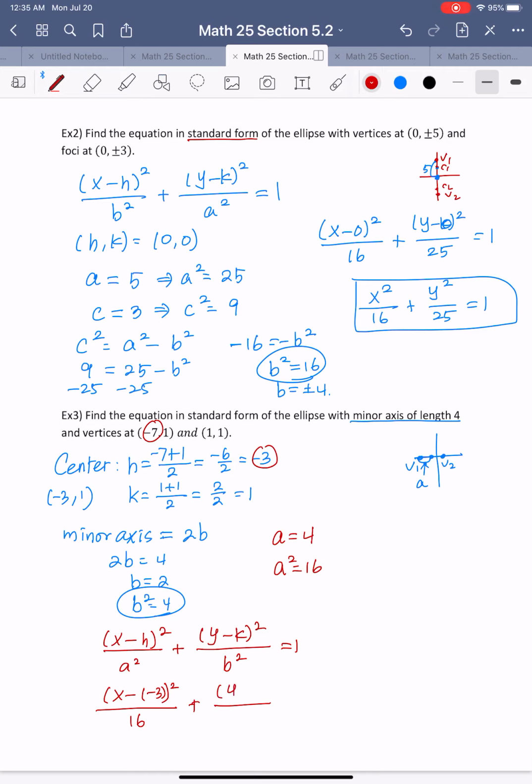And y minus k is 1, squared over b squared is 4. Simplify: x plus 3 squared over 16 plus y minus 1 squared over 4 equal to 1. Okay, so that's the ellipse formulas. All right. Okay, thank you for listening.